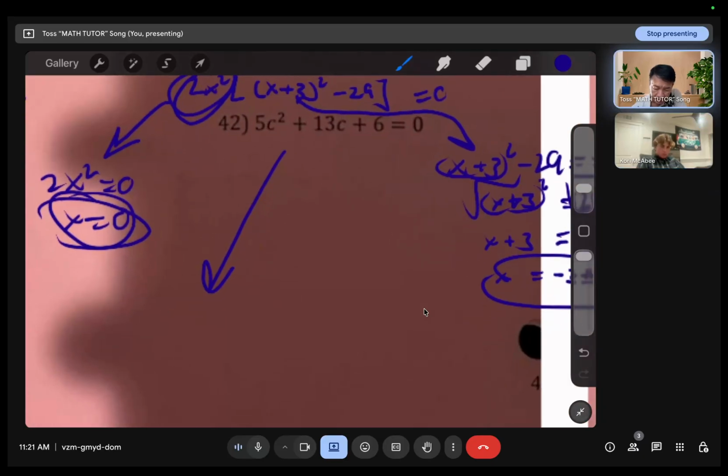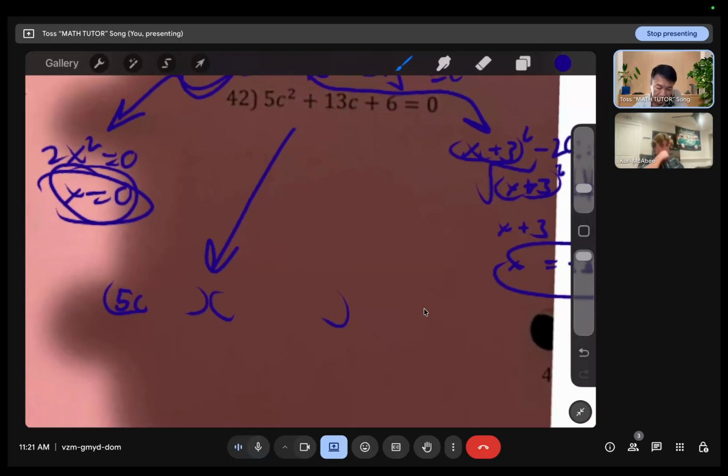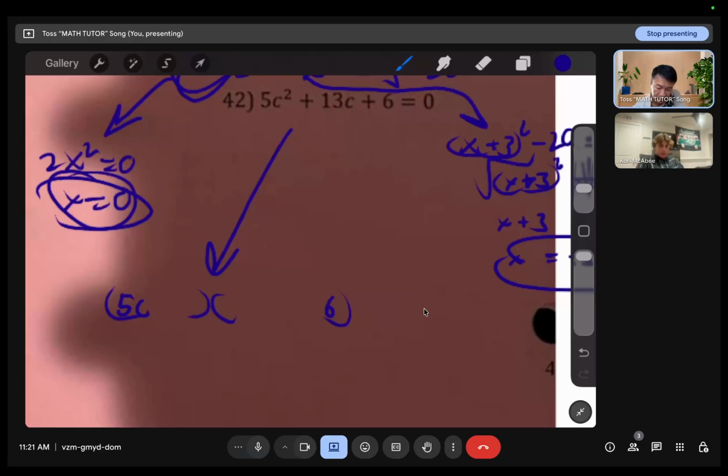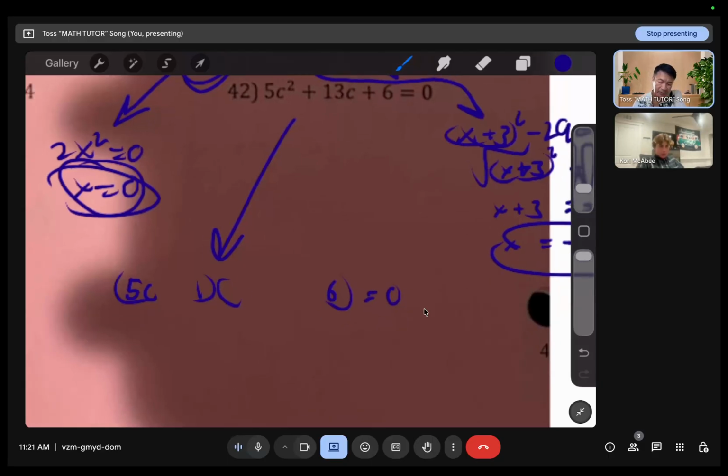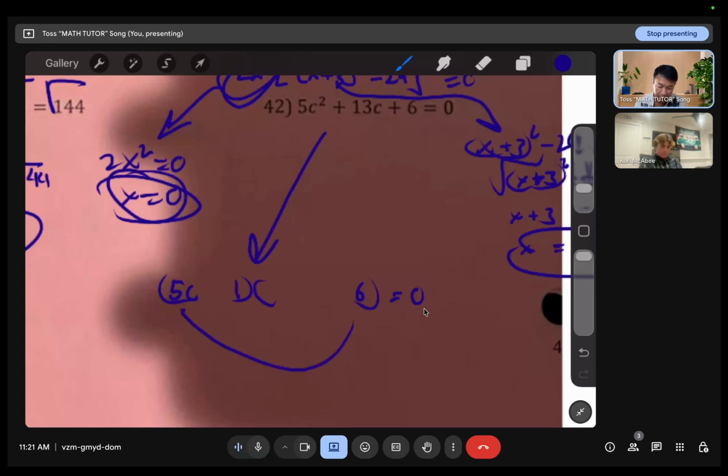All right, factor. And okay, I'll tell you. You can do 3 and 2, but this time, from my experience, it'll be 6 and 1. Don't worry, just try it. Why is it 6 and 1? Because outer is 12, inner is 1. Oh, got my c here. I'll get my 13. You see that?